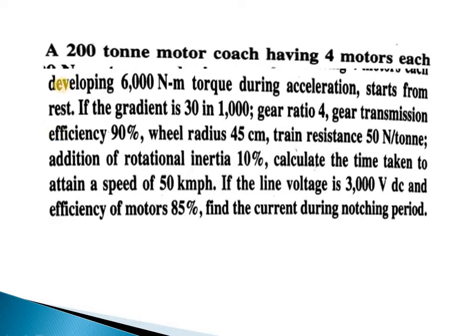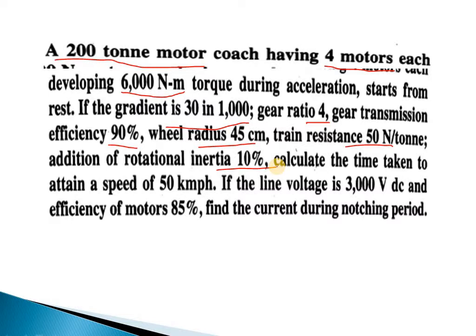So here are the values which are given: a 200-ton motor coach and 4 motors, each developing 6,000 Nm torque during acceleration, starting from rest. The gradient is 30 in 1000, gear ratio 4, gear transmission efficiency 90%, wheel radius 45 cm, train resistance 50 N per ton, rotational inertia 10%.